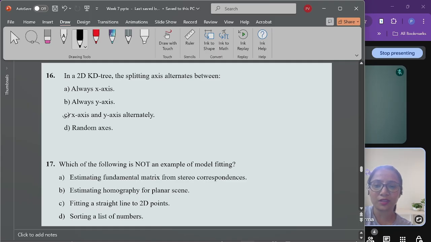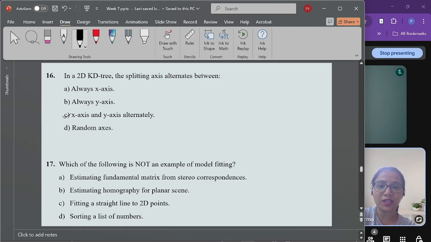So the next question is: which of the following is not an example of model fitting? Option A, estimating the fundamental matrix from stereo correspondences; option B, estimating a homography for a planar scene; option C, fitting a straight line to 2D points; or option D, sorting a list of numbers.